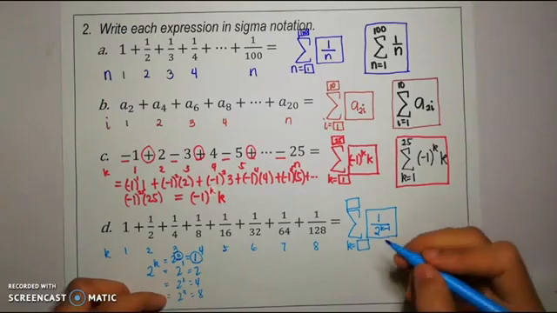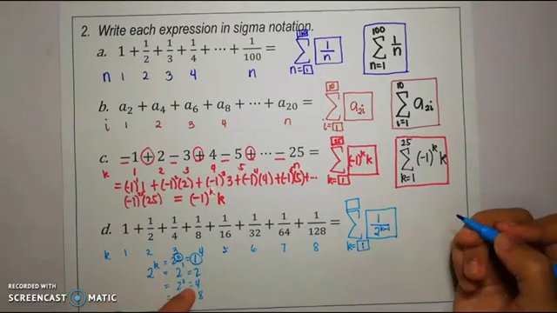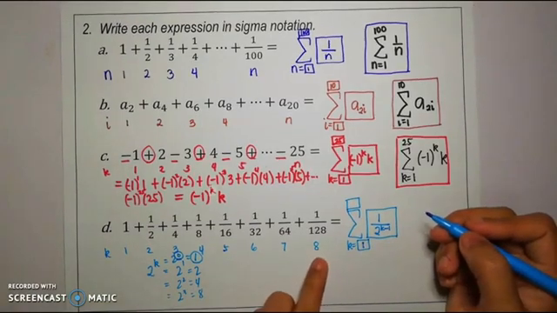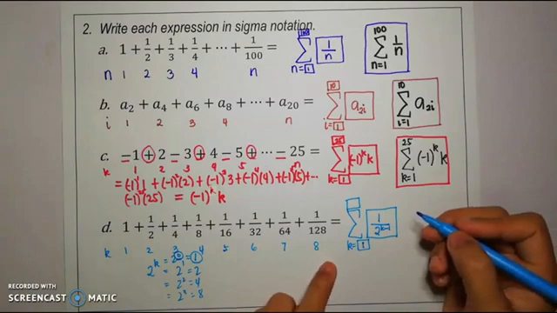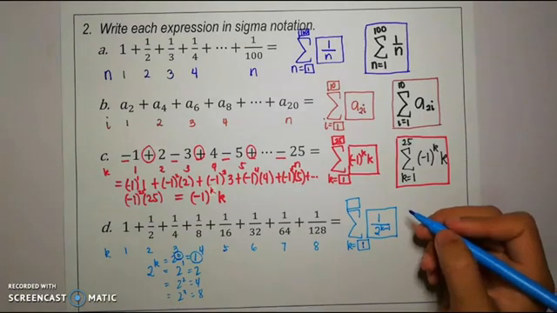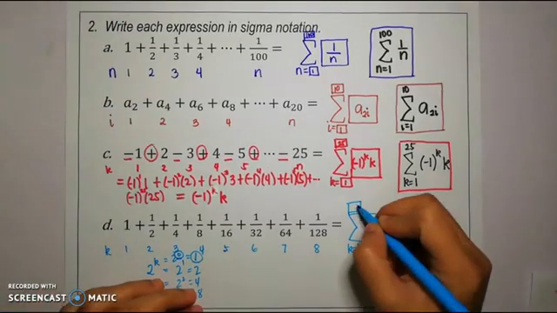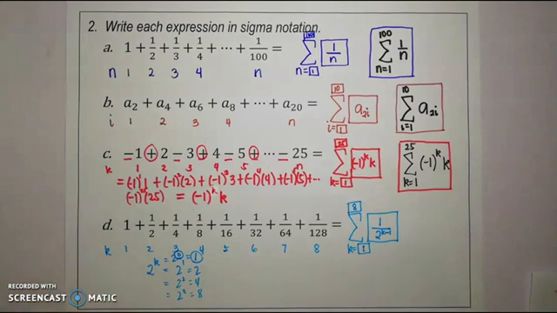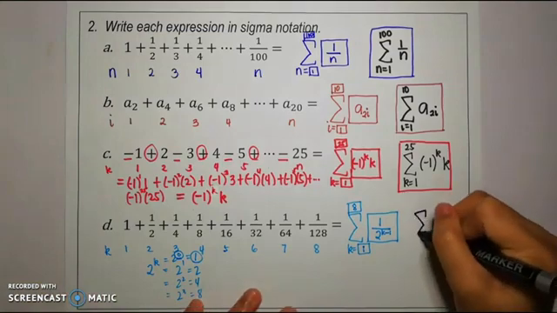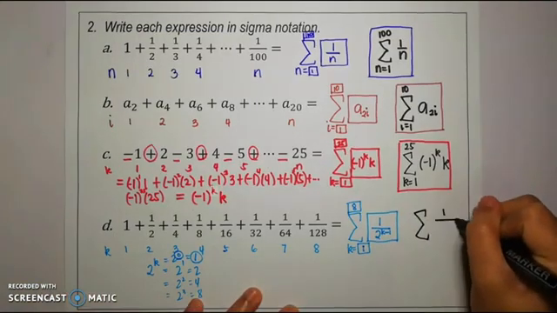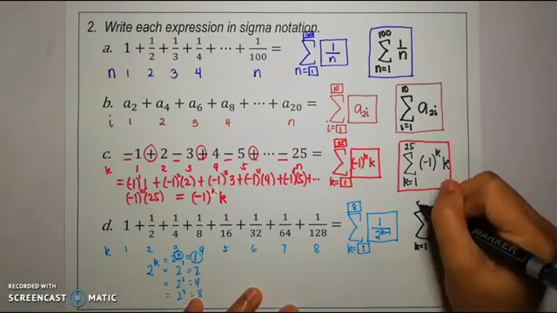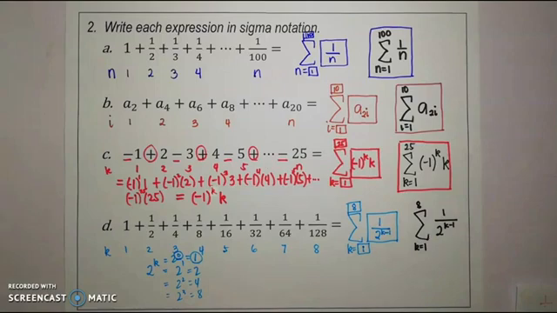So we have 1 over 2 raised to k minus 1, from 1 until our last term, which is 8. So that's our final answer: the summation of 1 over 2 raised to k minus 1 from k equals 1 until 8.